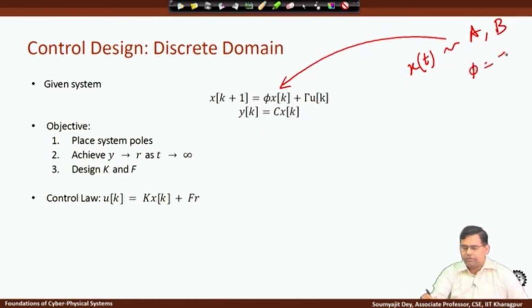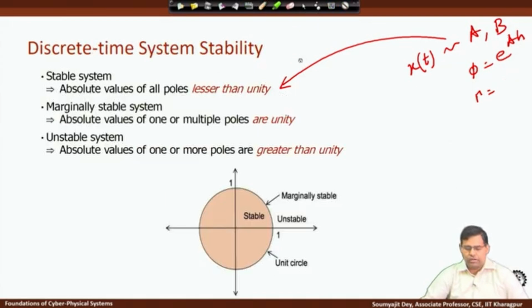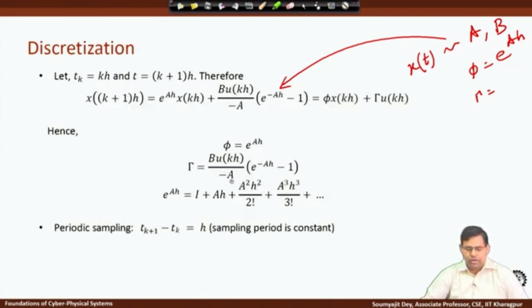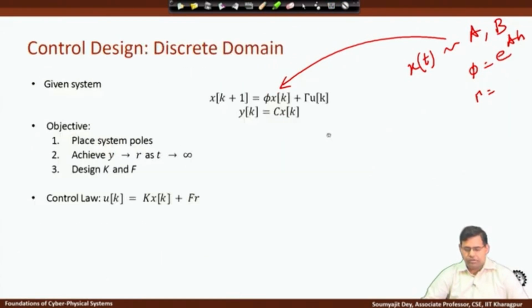Gamma, if you recall from this slide, was b by a times e to the power a h minus 1, multiplying u at k h, of course. Based on that we can derive phi and gamma, and then you have this discrete time model here.